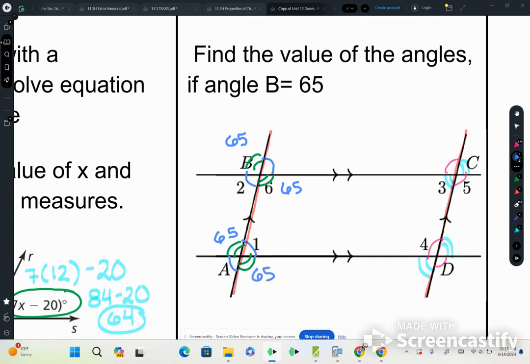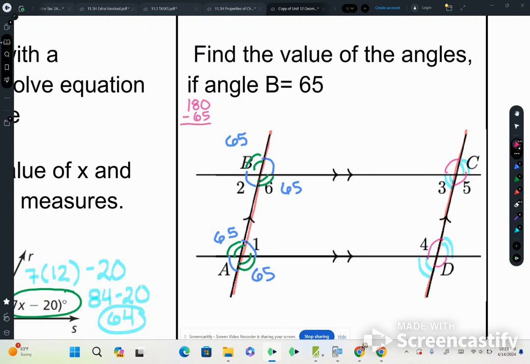And so with that, we also know angle 2, angle 1, and angle A if we need it. And the way we're going to do that is, if this is 65, we know that 180, because it's a straight line. 180 minus 65 is going to be our other angle.